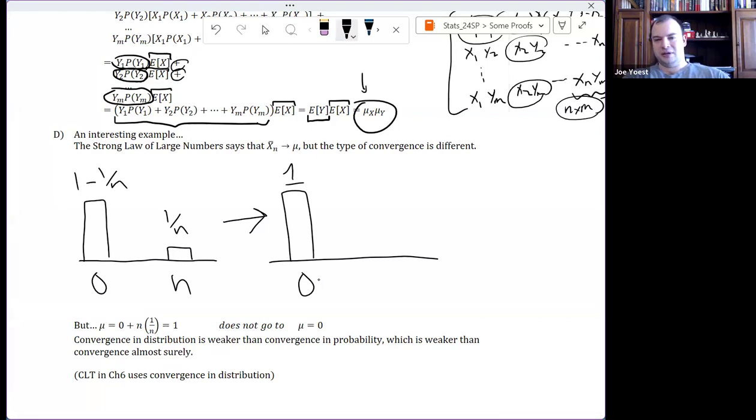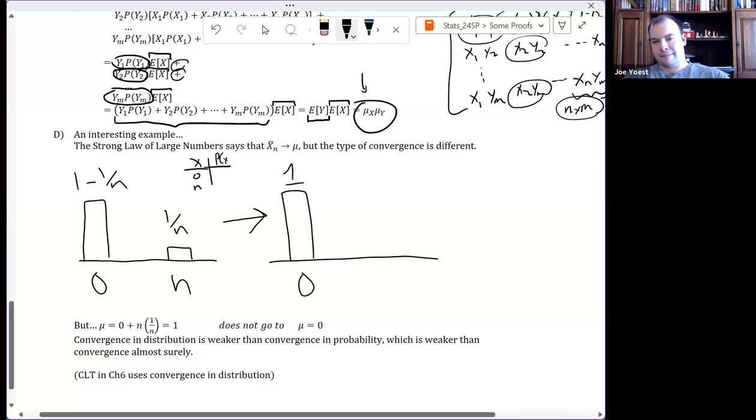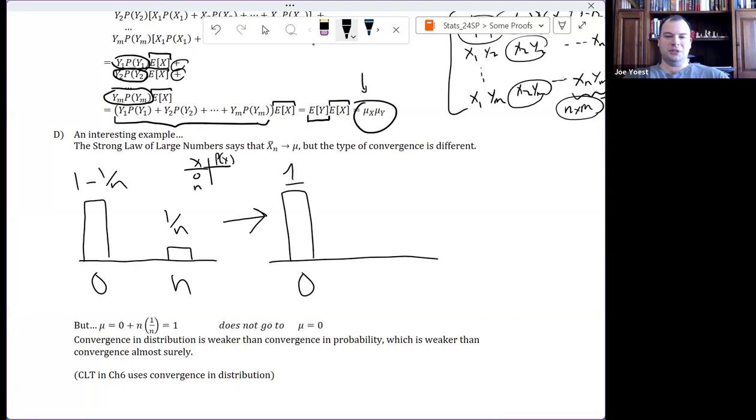So we have a probability distribution with two outcomes, 0 or n, where the probabilities are 1 over n for this one and what's left over for 0.